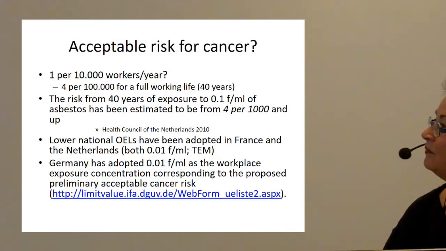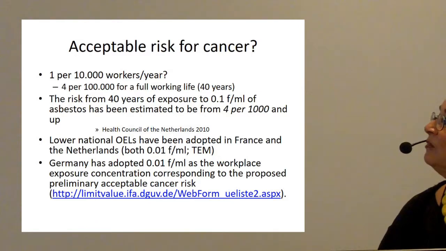And there have been similar assessments made in France and in Germany. In France and in the Netherlands, they have both adopted lower occupational exposure limits, both 0.01 fiber per ml, that's 1/10 of the most common one. Moreover, they say this is as assessed by transmission electron microscopy, so that makes it 1/20.